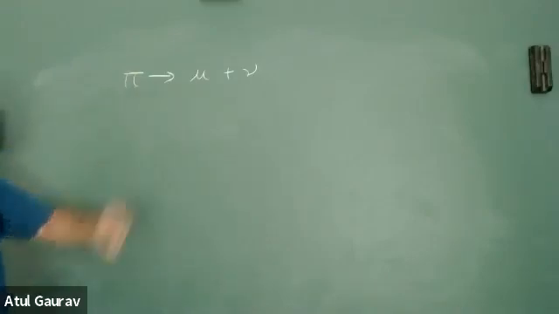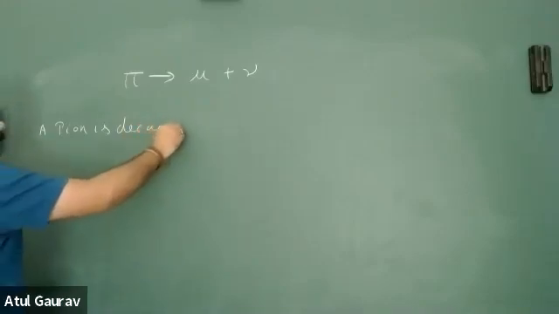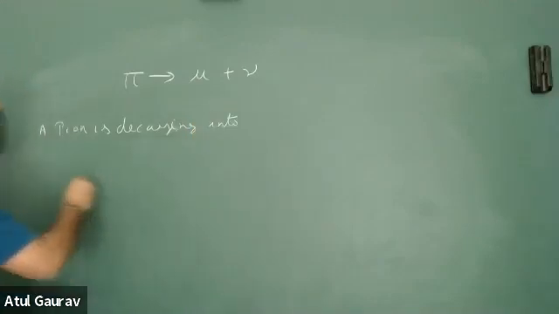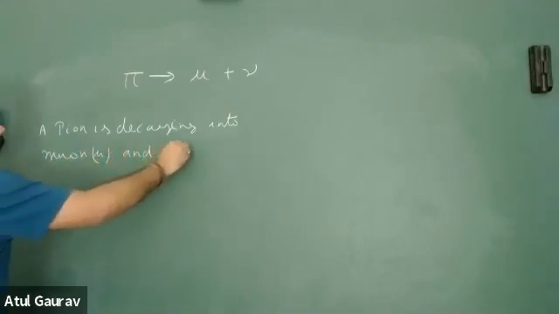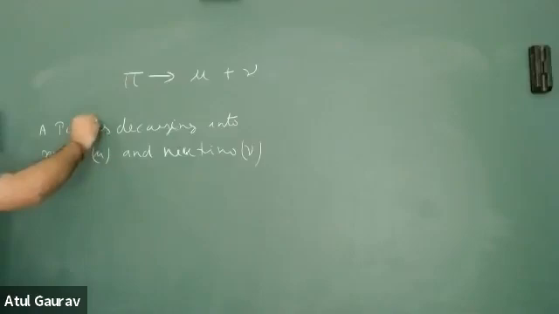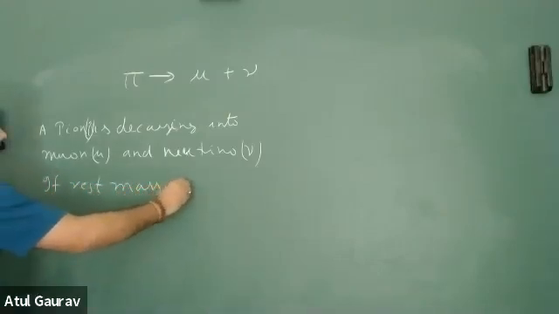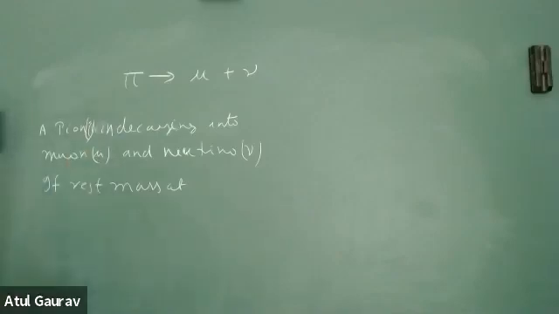So a pion is decaying into a muon and a neutrino. Sorry, I have missed something here.